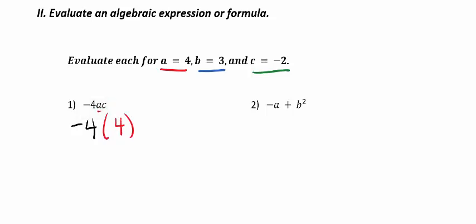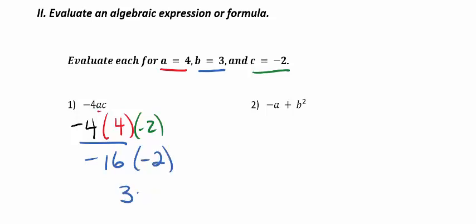And then in place of C, I'm going to place a negative 2, because C is negative 2. And this is just negative 4 times 4 times negative 2. So I'm going to multiply in order from left to right. I'll take care of negative 4 times 4 first. That's negative 16. And then I can multiply that by negative 2, and that gives me a positive 32.